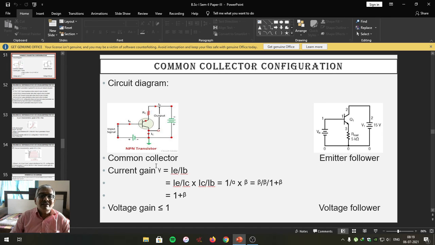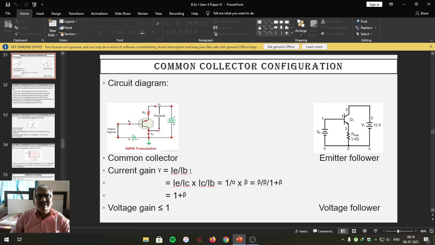For common collector, it is denoted as gamma, and that is given as output current upon input current, that is IE upon IB. This is the definition of current gain for common collector configuration, since output current is IE and input current is IB, the base current.